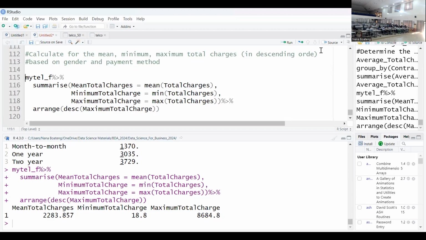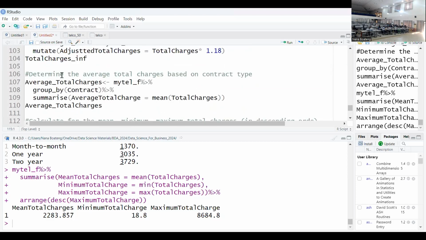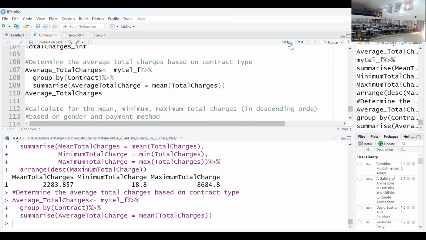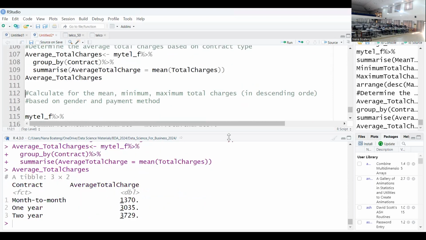Now, the one that we did earlier, before we did this one, when we checked it, it gave us information for all the contracts, isn't it? So here too, we can do maximum, minimum.